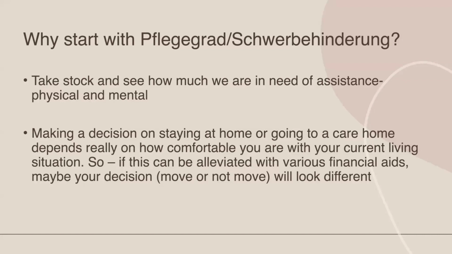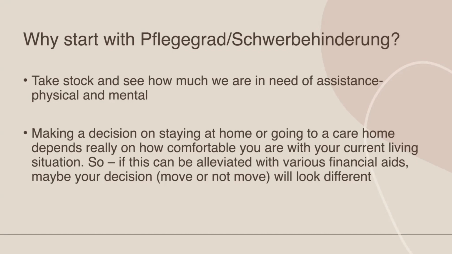And based on the answer to that question, you need to make a decision. Can I afford to stay at home? Afford in terms of mental stress and physical stress? Or should I really look for a care home that can give me some assistance right away?